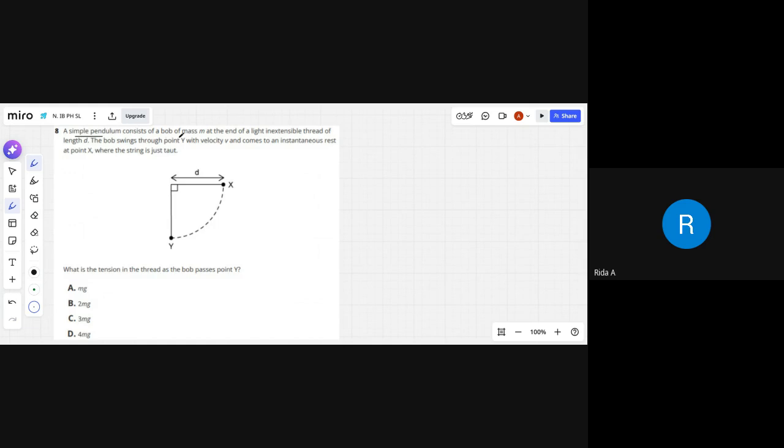A simple pendulum consists of a bob of mass m at the end of a light inextensible thread of length d. The bob swings through point y with velocity v and comes to an instantaneous rest at point x, where the string is just stopped. What is the tension in the thread as the bob passes point y?